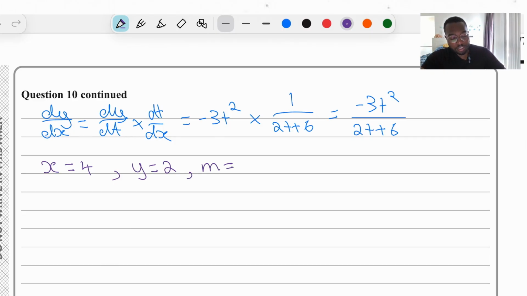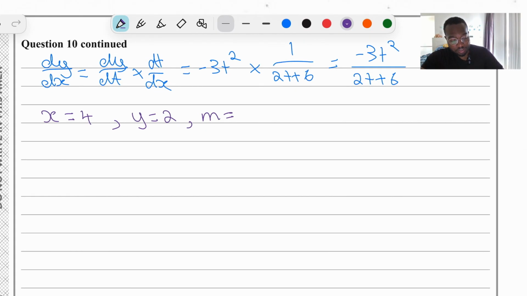Now that we've worked out dy over dx, if we figure out our t value, we can plug that t value into dy over dx, and that will give us our value for dy over dx. So again, what do we know? We know that x is equal to t squared + 6t + 9, and y is equal to 1 minus t cubed. So how can we work out that value?